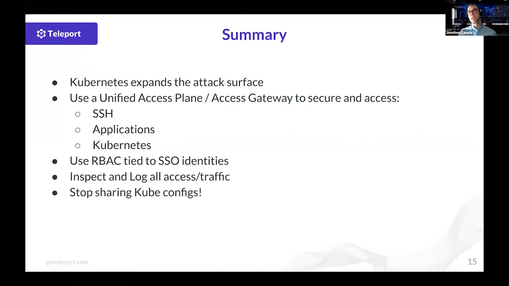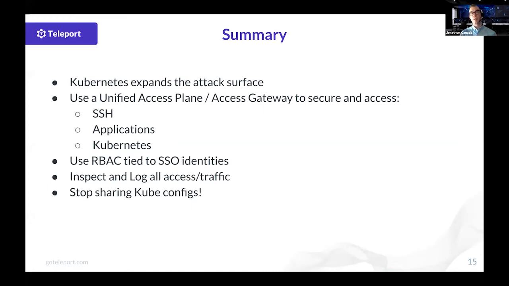But if you do have SSH access enabled in your Kubernetes cluster, be sure to apply role-based access controls like was discussed in that demo, and then synchronize the two so that everyone in your organization has the same authentication gateway and the same access gateway. That means not introducing new means of authenticating into infrastructure.